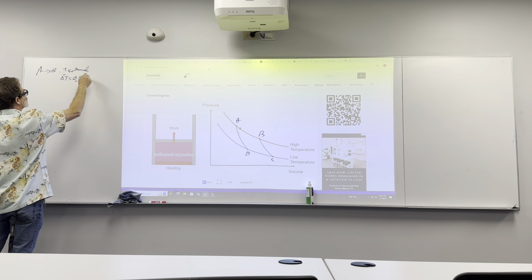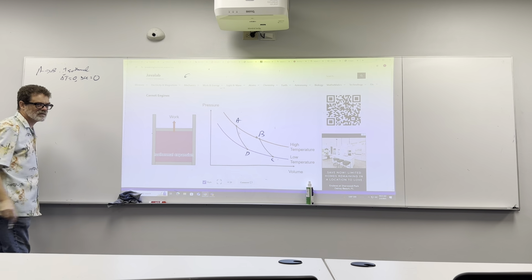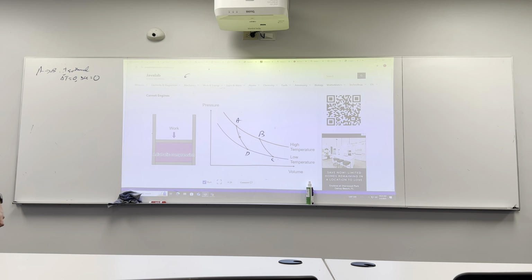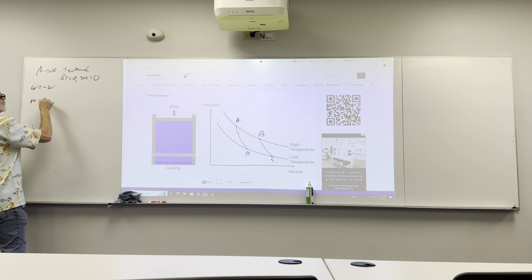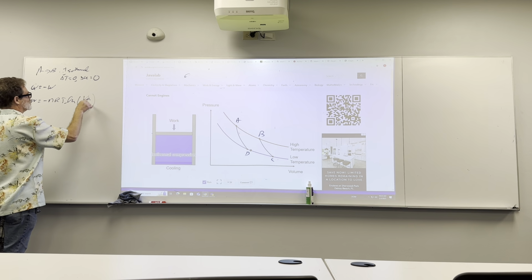That means delta U is 0, because U is 3/2 nRT. Delta T is 0, delta U is 0. That tells me what Q is equal to: minus the work. Right? You guys remember this? You with me, Mary? And what's the work equal to? For an isothermal, minus nRT ln V final over V initial, we derived this.